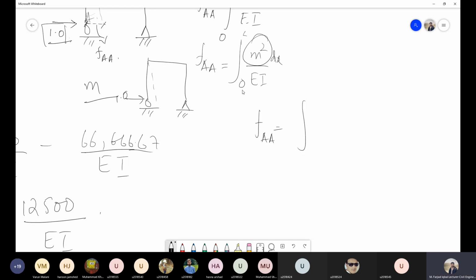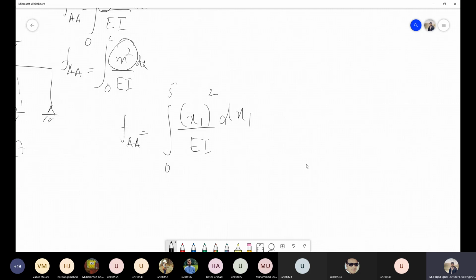So we can again write the equations for section 1. The limits would remain the same as we used in the previous cases, because we wrote the equation considering these limits. So for section 1, EI into x1 square dx1.